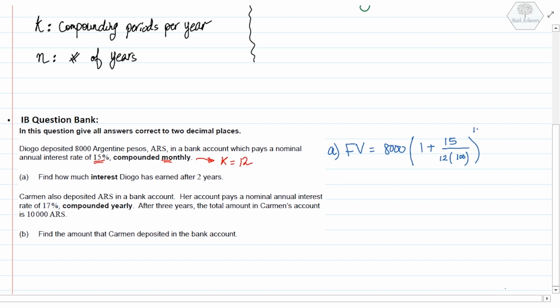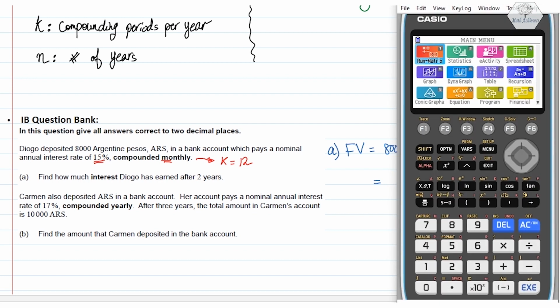K is 12 times n, which is the number of years, equal to 2. So now, to find the future value, we go to run matrix.